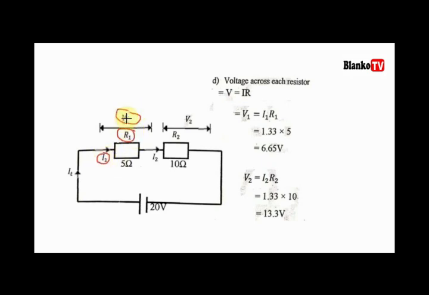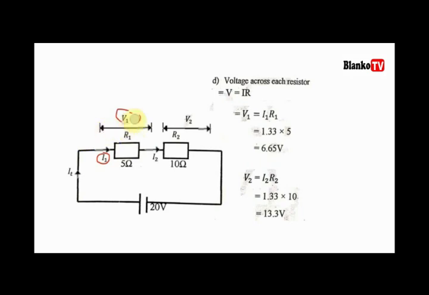So V1 equals I1 times R1, which is 1.33 times 5, giving us 6.65 volts.